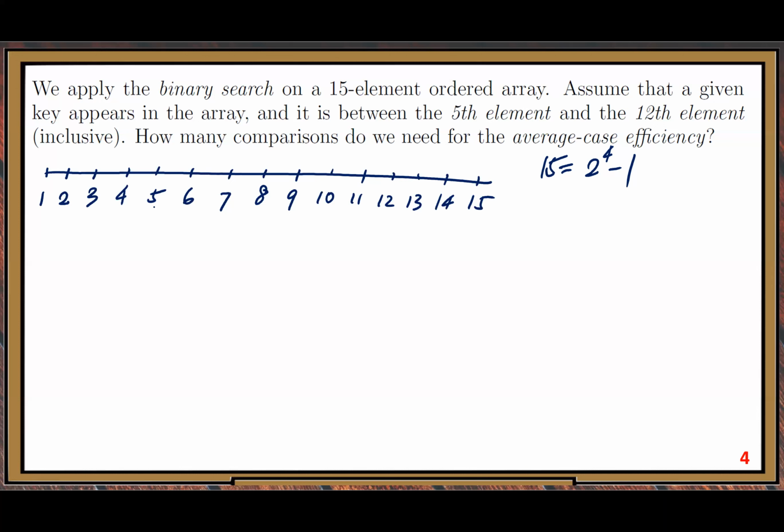Start from 5th, only consider these cases. We do not need to consider 1, 2, 3, 4, 13, 14, 15. Then we take the average of the number of comparisons.